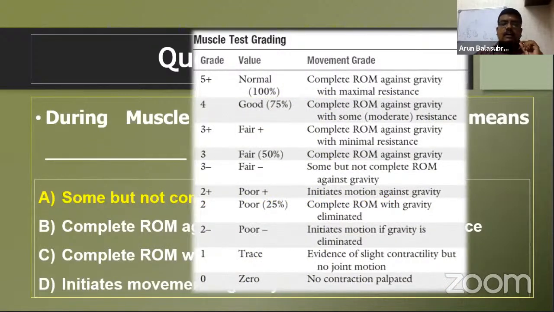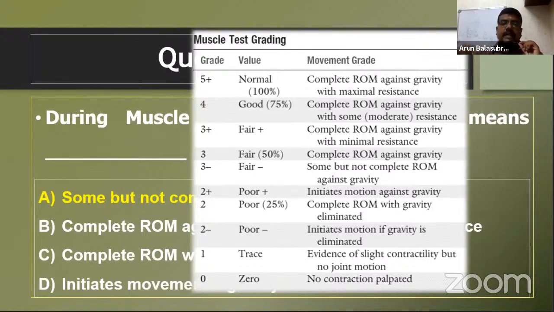Muscle power grading: 0 is no contraction, 1 or trace is evidence of slight contraction, 2 is, as we read, complete range of motion with gravity eliminated. If the patient does not have complete range of motion but initiates the movement, it is 2 minus, whereas initiating movement against gravity is 2 plus. 3 plus is complete range of motion against gravity. But if the patient was not able to complete the range of motion, able to lift it but not full range of motion.